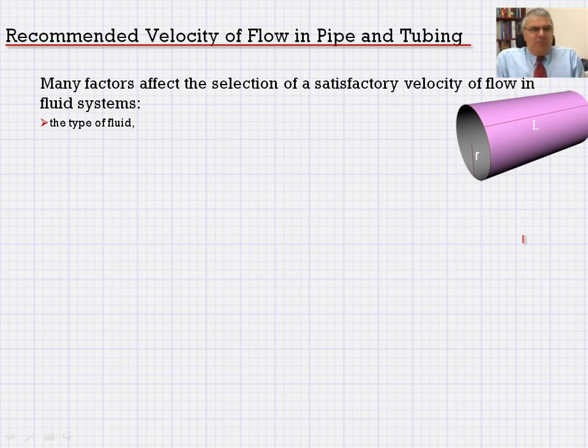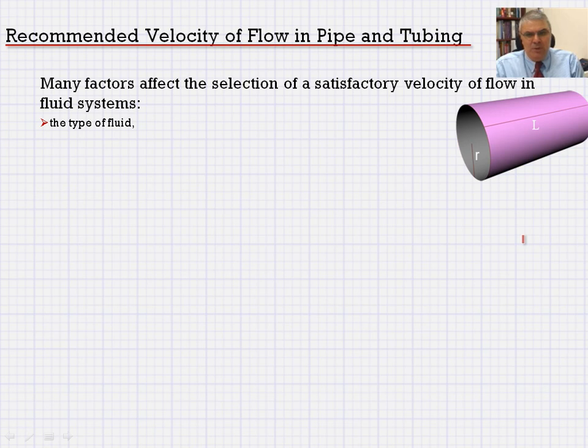Okay, now let's discuss the recommended velocity of flow in pipe and tubing and why they are important. Now, there are some factors that affect the selection of a satisfactory velocity of flow in fluid systems. Some of them we've already looked at, some of them we will, some of them we may not look at in this class, but they're all important. The type of fluid that flows.